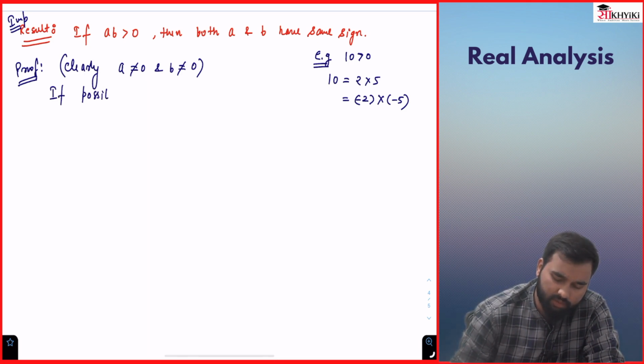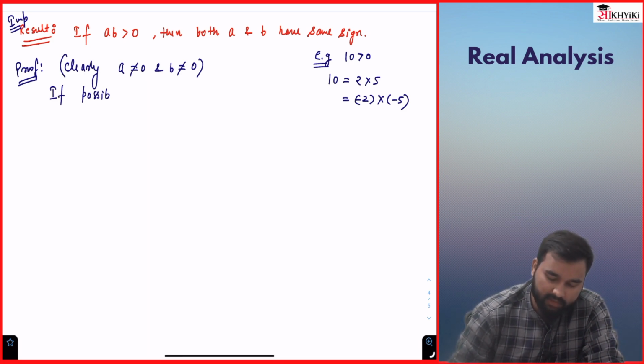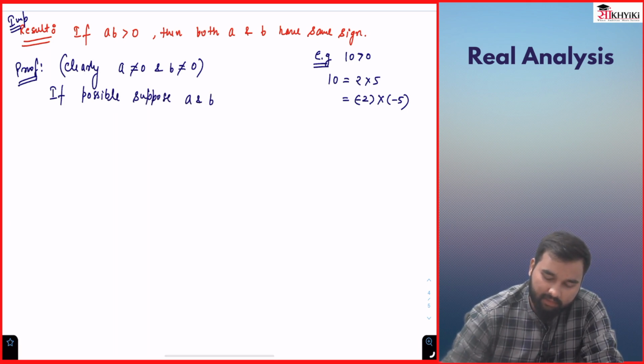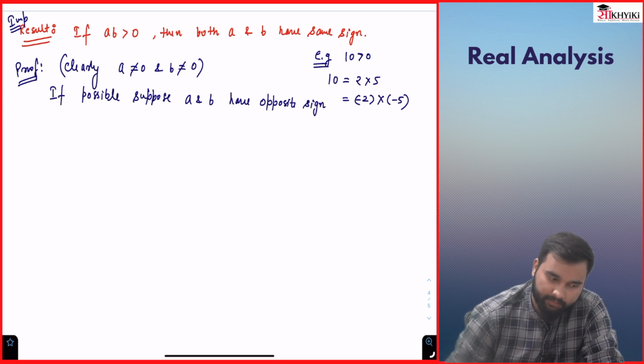We are going to prove this result with the method of contradiction. If possible, suppose A and B have opposite signs. And consider the following cases.